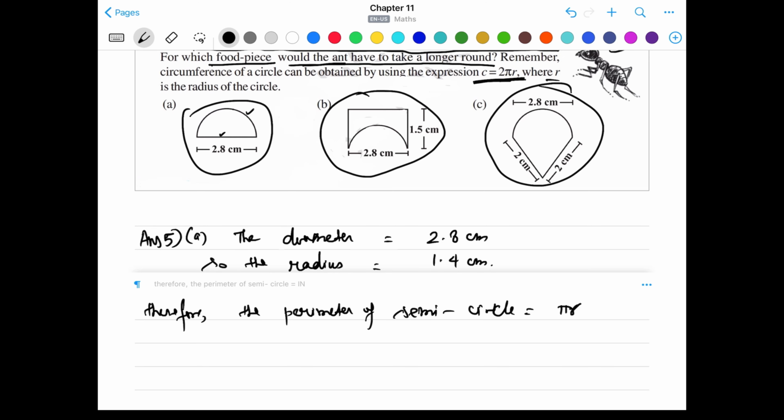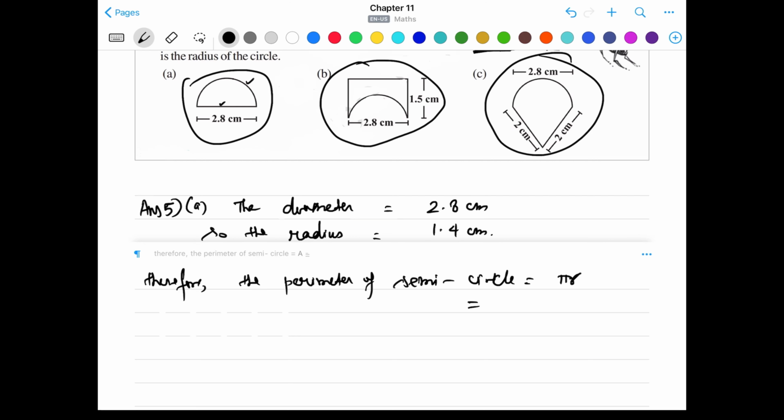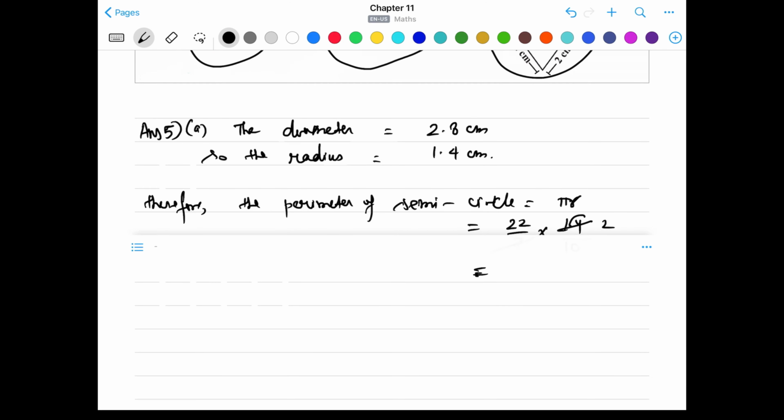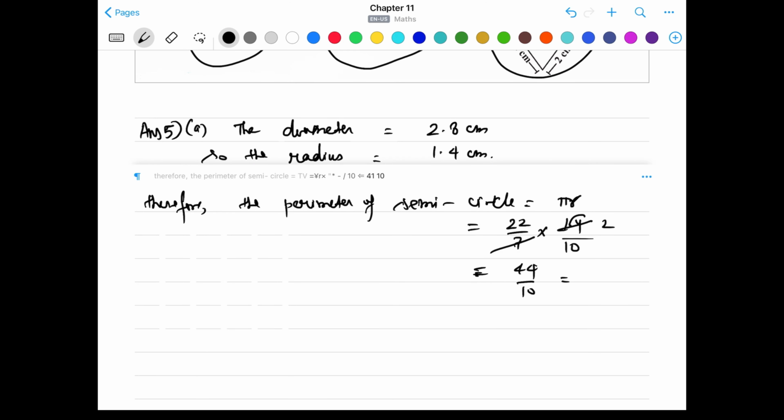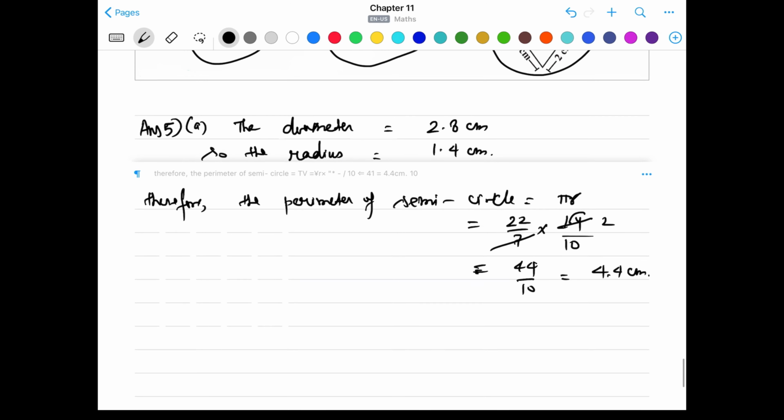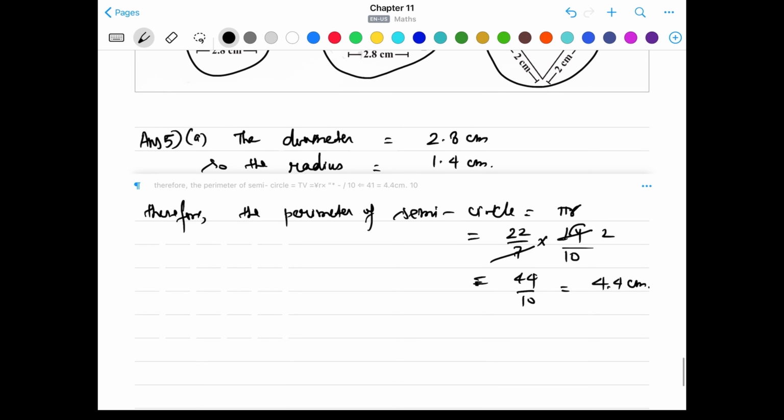Let's take pi as 22 by 7 and r as 1.4 centimeter. By removing this decimal we get 10 here, and dividing by 7 gives us 2 here, and 2 into 22 is 44, divided by 10 will give us 4.4 centimeter. Okay, so that's the perimeter of the semicircular part, which is 4.4 centimeter.